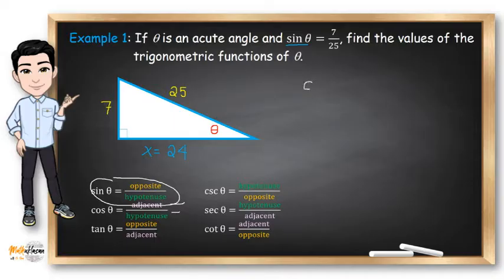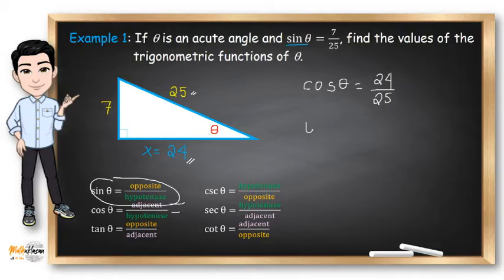So, the value of cosine theta is adjacent over hypotenuse. So since this is the angle, the adjacent side is 24. So therefore, this is 24 over hypotenuse. And we all know that the measure of the hypotenuse is 25. So cosine theta is 24 over 25.